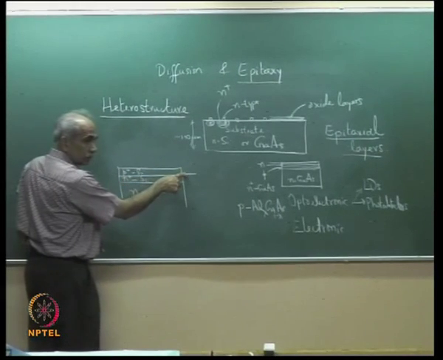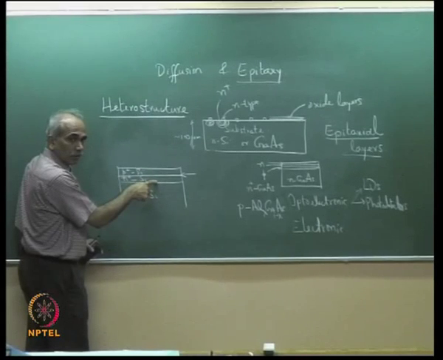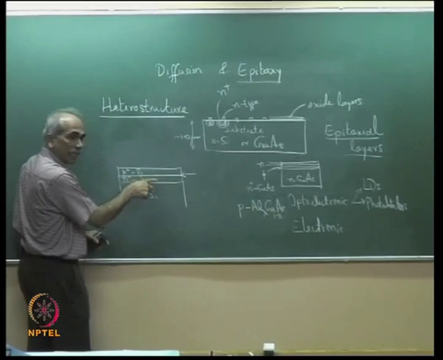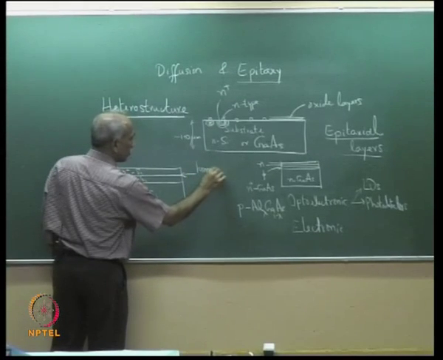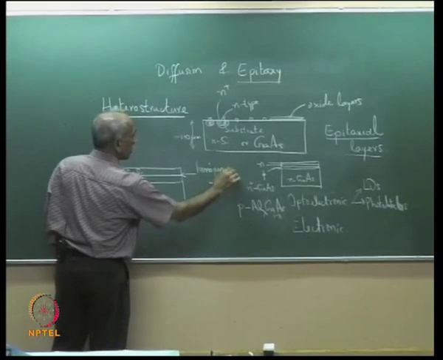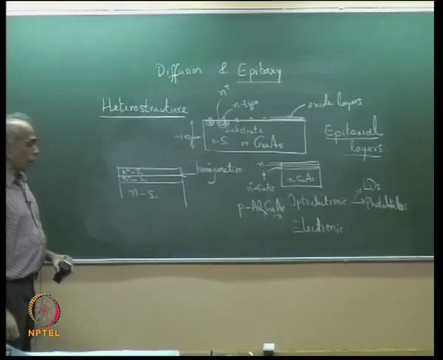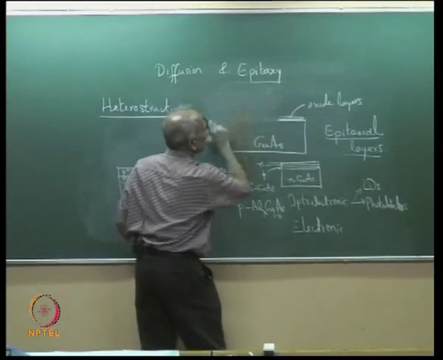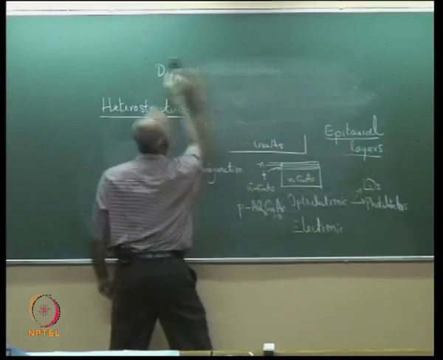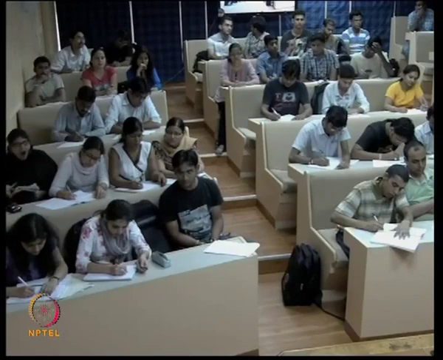A junction between p type and n type material, the same material, and this is called a homojunction.